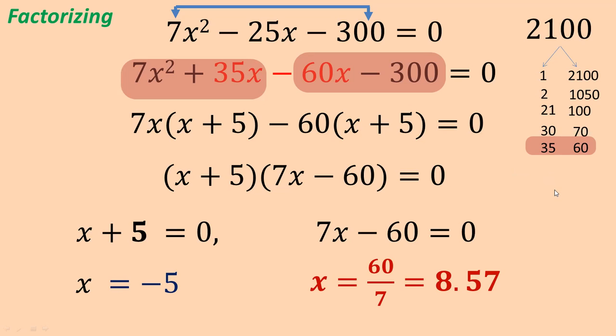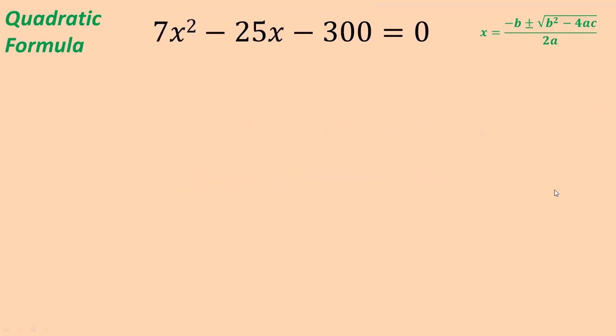We are going to see the same question with the quadratic formula. So by using the quadratic formula, the value of a is equal to 7. So the coefficient of x squared is equal to 7, that's the value of a. The coefficient of x is minus 25. And the constant quantity, that is the x naught term, is minus 300.